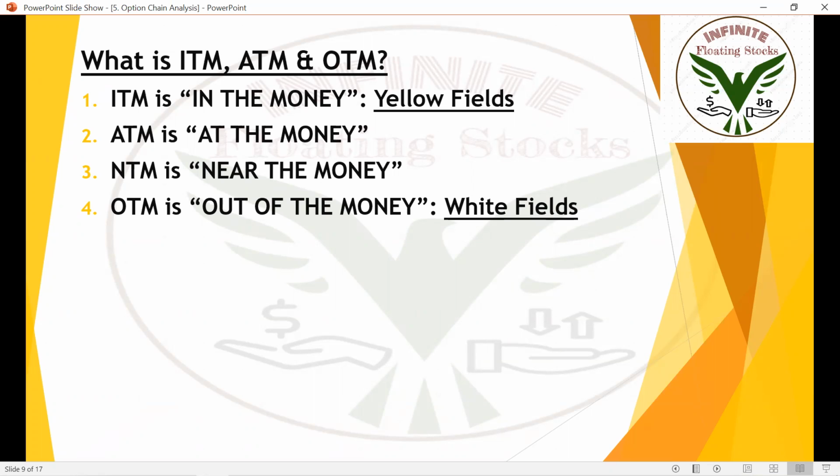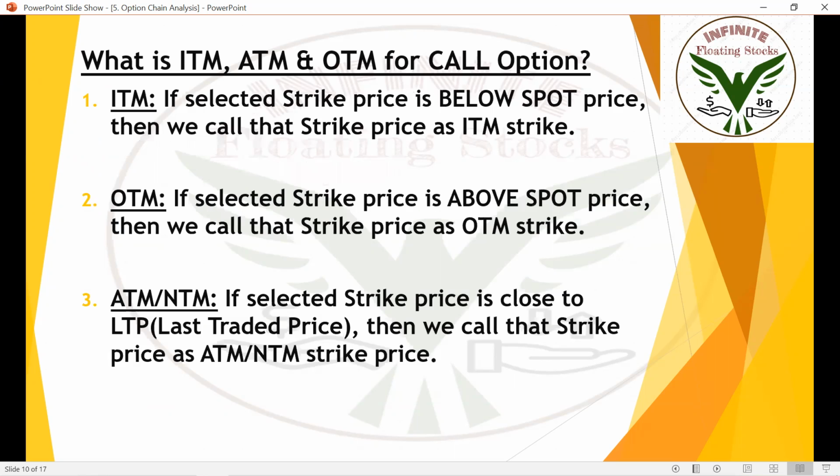Near the money is nothing but strike prices which are near the last traded price. I mean, if Nifty is trading at 13,926, then 13,950 and 13,900 will be the near the money or at the money strikes. They're pretty simple. Okay. There is no difference between them.